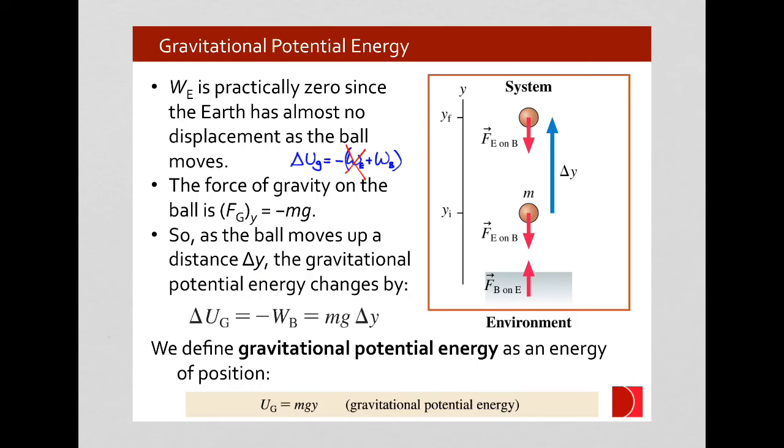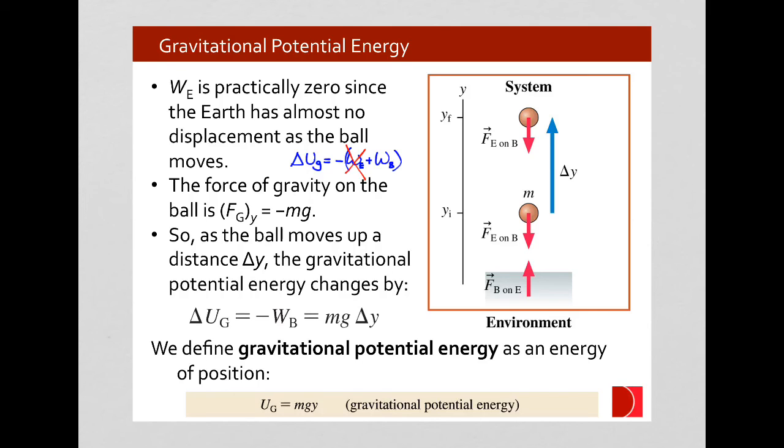In that case, there is negative work being done on the ball as it goes upward. There's negative work done because its displacement is positive and the force on it is negative, so there'd be a net negative work being done on it. Since this work of gravity would be taking away kinetic energy, slowing the ball down, we imagine that energy is not disappearing, that energy is going into gravitational potential energy.